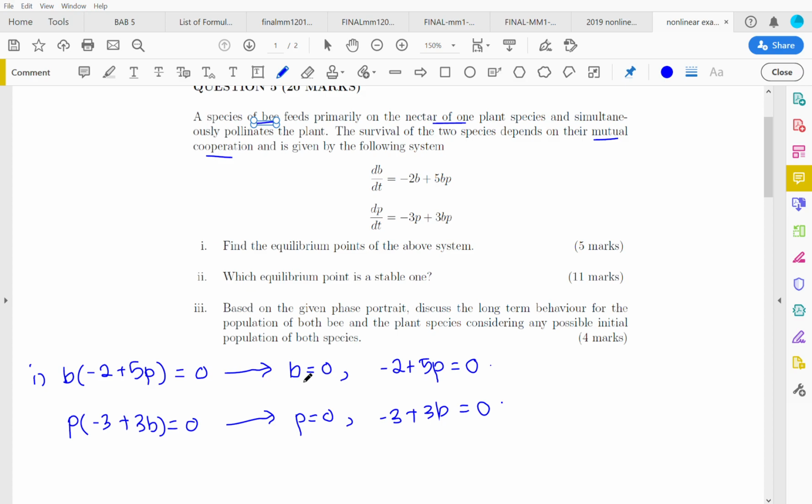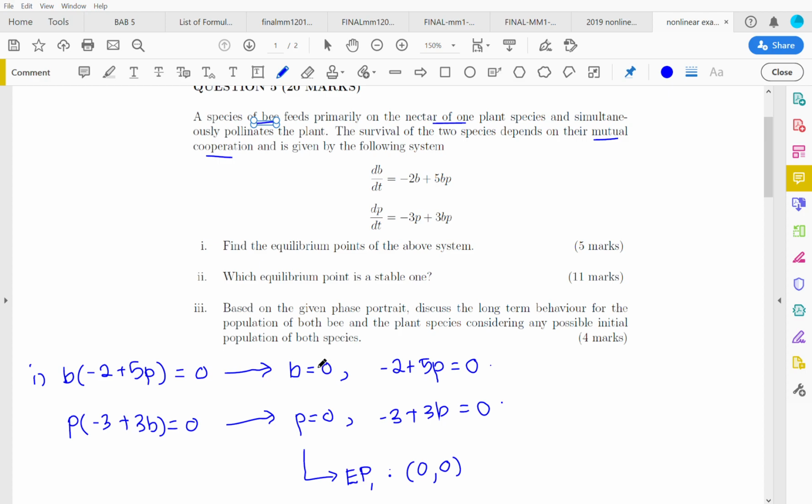If we take b from the first equation, then we have to take p from the second equation. So I will get the first equilibrium point for this problem, b equal to 0, p equal to 0.